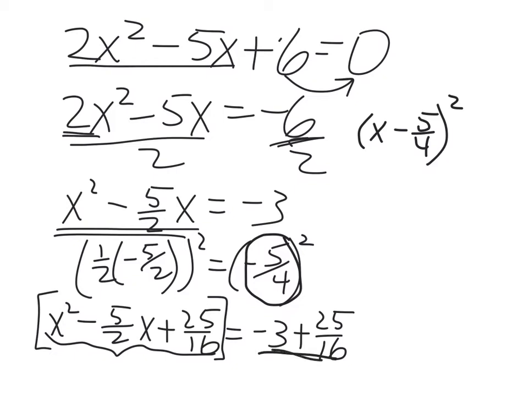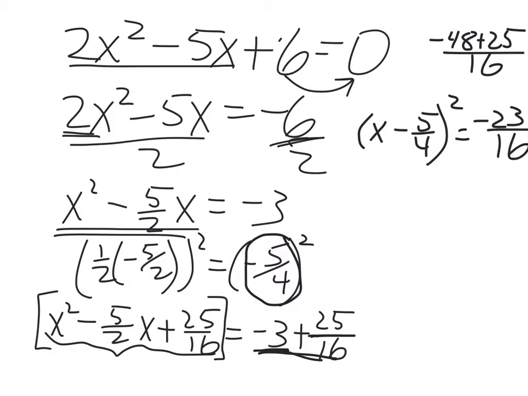And then this side, we have a little bit of work to do. -3, turn it into a fraction with 16 as the denominator. That is, what, -3 times 16? Okay, so -48 plus 25. Do some calculations up here. We'll end up with -23 over 16.